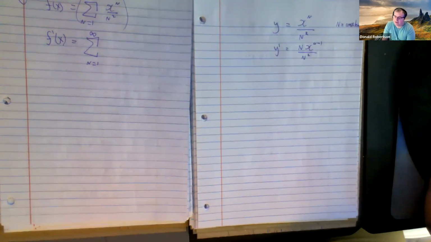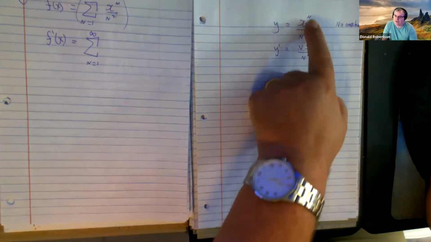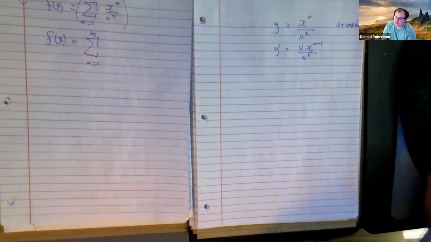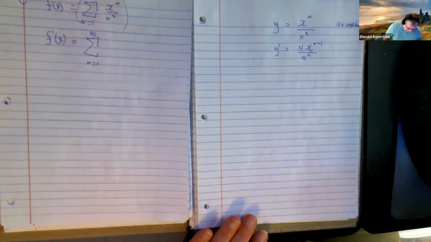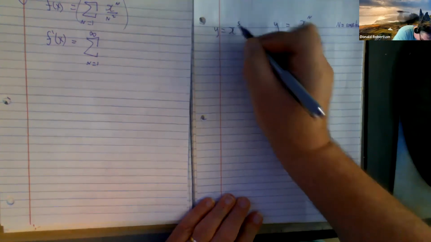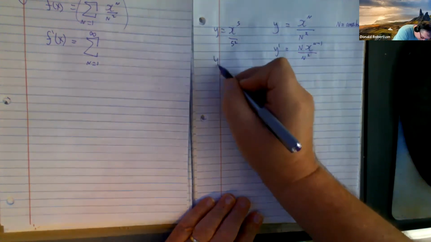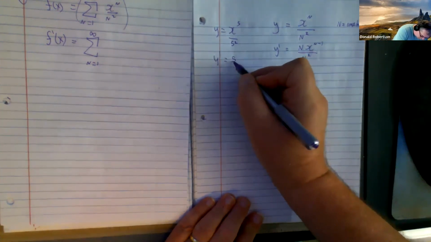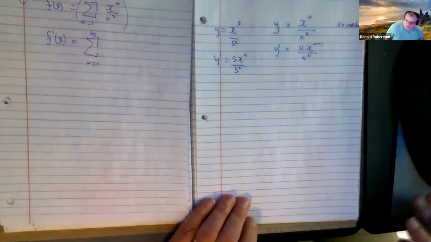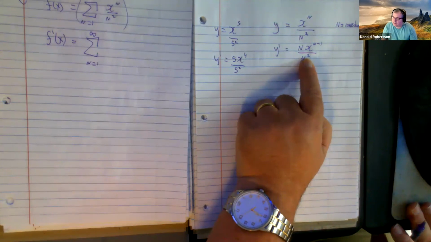Would you agree? Multiply by the power, which is n, and reduce that power by 1, and the n squared stays in the bottom. So n's are just numbers. It's like if I said to you, x to the 5 over the number 5 squared, and I said you differentiate that, wouldn't you go 5 times x to the 4, and you still have it over 5 squared, right? Because that's just a number. Isn't that essentially what I'm doing here?